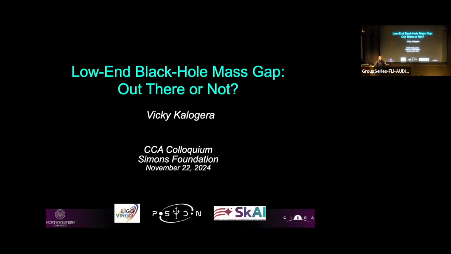Now that we have more neutron stars, the definition of this gap has extended to be down to the maximum neutron star mass, which, you know, we can take bets, but maybe it's as low as 2.5. But that's the gap I am talking about, okay?